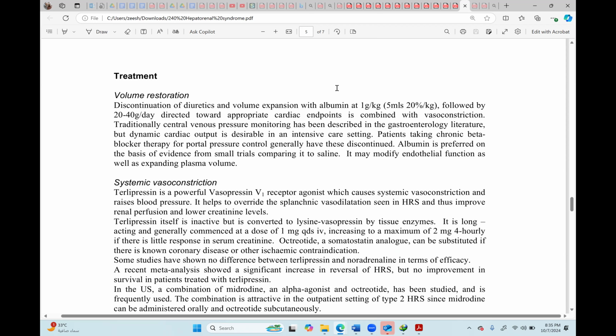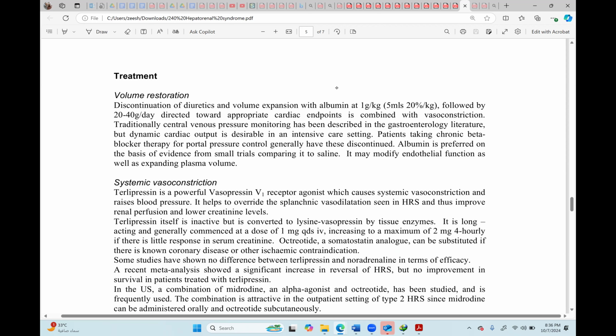So you have to replace the fluid with albumin and stop the diuretics. Because there will be vasodilatation, you have to give vasopressors. CVP monitoring; cardiac output is now a better indicator than CVP.